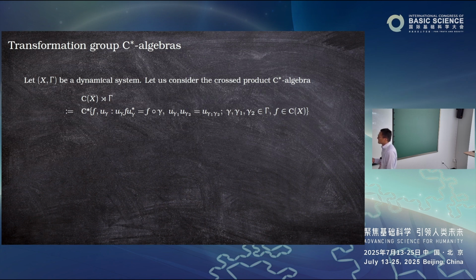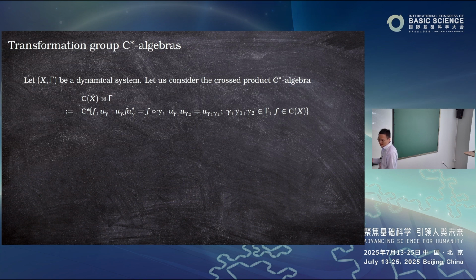First, it contains a copy of the space. In other words, it contains all of the continuous functions on the space X. So it has a copy of C of X, and it also has a copy of the group in terms of unitaries. So for each group element gamma, you have a unitary U gamma.